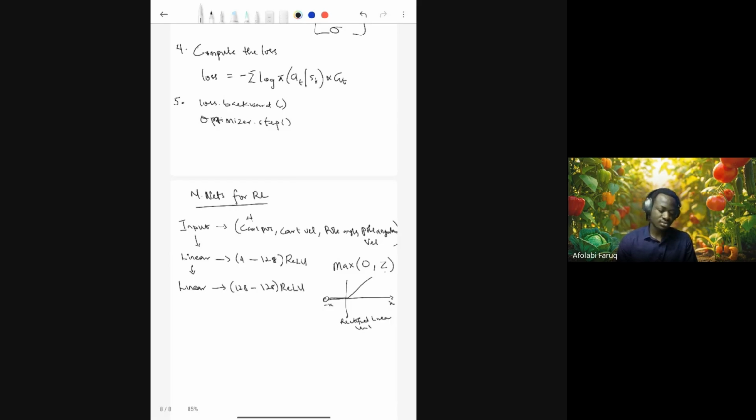And then we also have another linear layer here, but this is for the outputs. Since 128 is being passed out, we'll be picking up that 128, and then we'll have 2 units on the outputs.